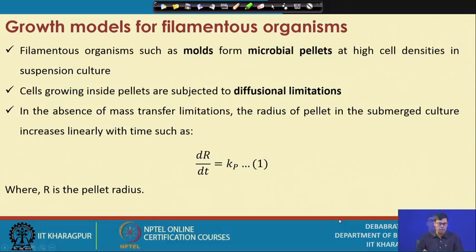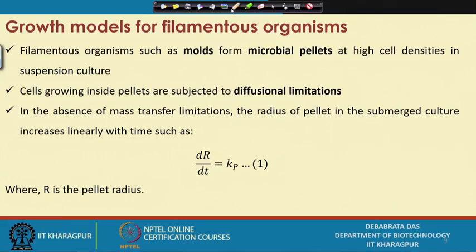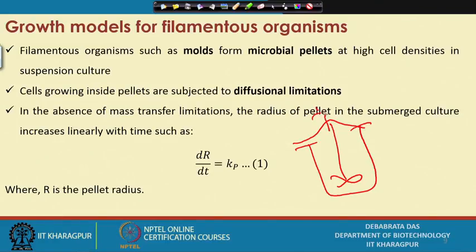Now, in the case of unicellular cells, we do not have much of a problem, but we have a typical type of growth characteristics in the case of filamentous organisms, as for example Aspergillus niger, Aspergillus oryzae. When they grow in the fermentation media, what will happen? You will find a lot of pellet formation, circular, spherical pellets.